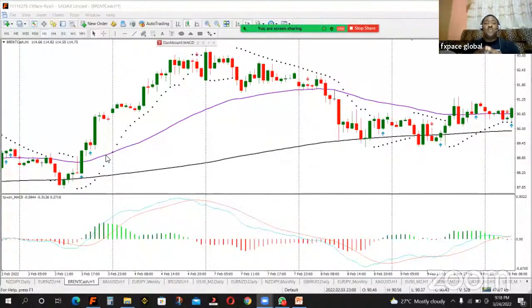So 10 candlesticks could be 1 minute, which is 10 minutes; 5 minutes, which is 50 minutes; 1 hour, which is 10 hours; 4 hours, which is 40 hours.